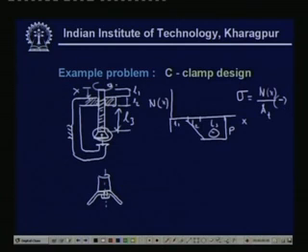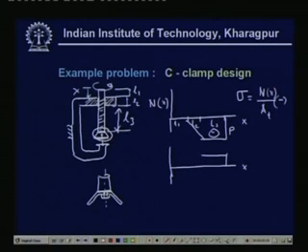Then of course, we have the torque. Let me draw the torque distribution. Here, up to this point there will be only the torque which is to overcome the collar friction, as we have mentioned before, and that remains constant here.